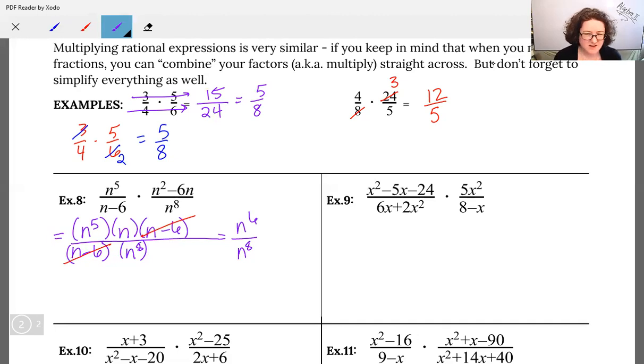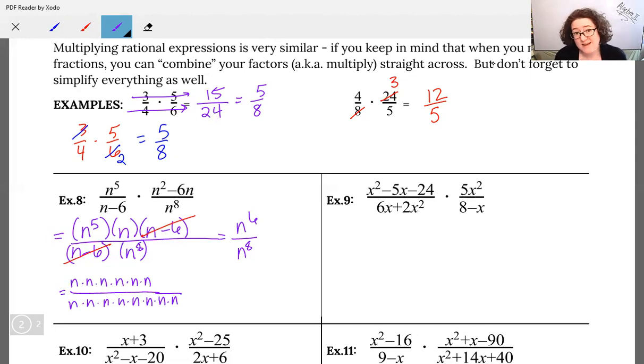Again, we're not used to thinking of this necessarily with just these monomial terms, but if you need to, think about how many of each you have actually multiplied. N to the 6 is really 6 n's all multiplied out. N to the 8 is 8 n's. So 1, 2, 3, 4, 5, 6, 7, 8. Again, I don't always write this step out, but this is what I'm always thinking.